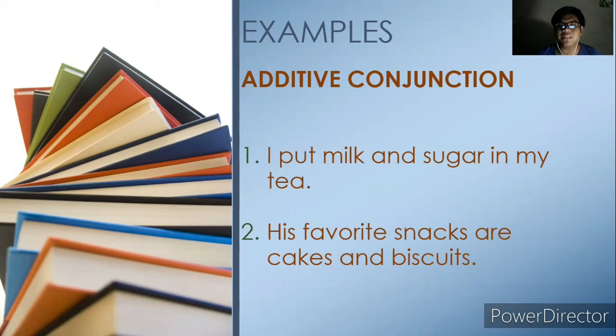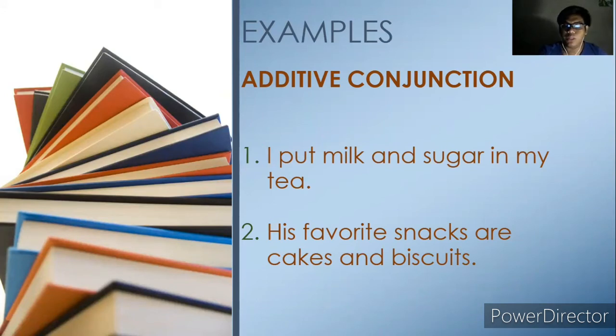In the first sentence, I put milk and sugar in my tea, the additive conjunction used here is the word and, which merely adds the clauses. In the second sentence, his favorite snacks are cakes and biscuits. It merely adds cakes and biscuits.